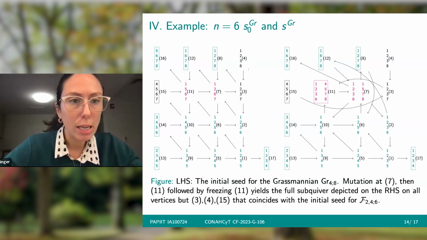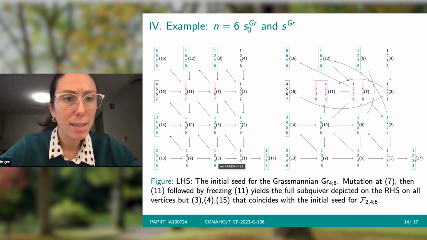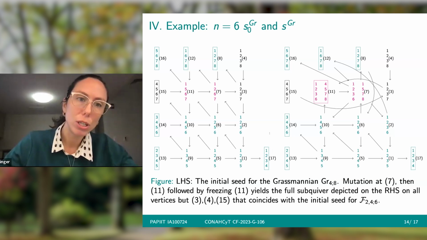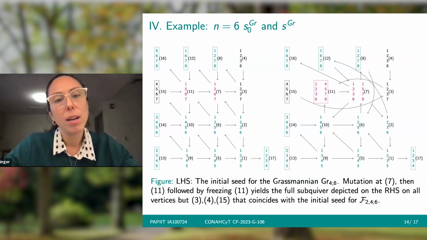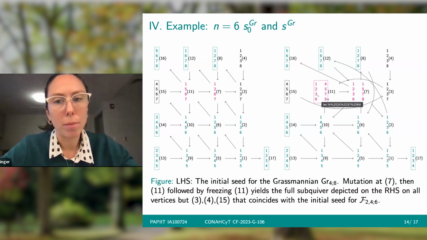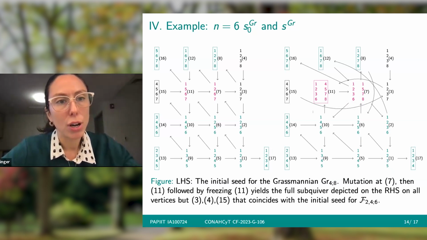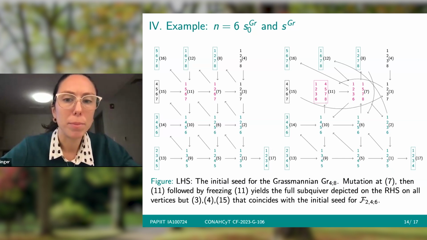And the strategy is quite easy. We keep all the green tableau that already have the right size. They're in fact already images of the initial tableau for my flag. And the rest here, I will do 2 mutations at 7 and 11. After I do these mutations, I get two-column tableau, but now they are tableau that I've been looking for, in the sense that they are images of the initial cluster variables of the flag, or initial tableau.